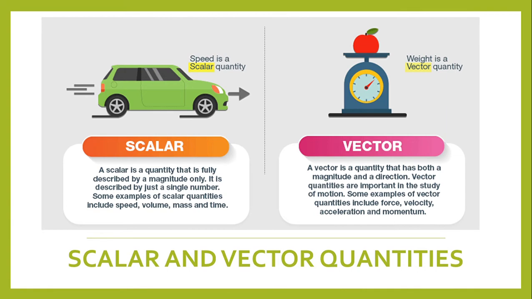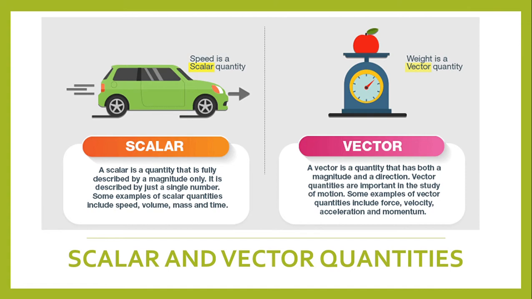For a vector, however, it is a quantity that has both magnitude and a direction. To define a vector completely, we need a direction as well as a number. For example, force. When I say that I applied force, I am applying it in some specific direction.